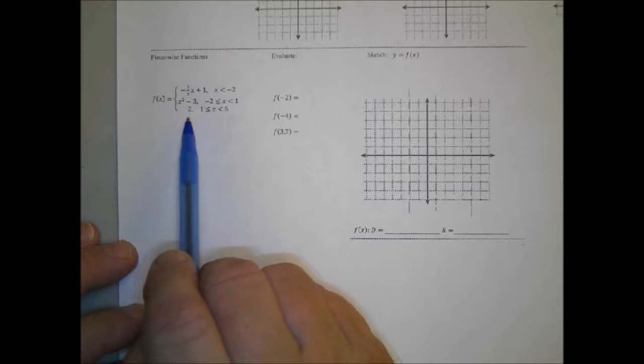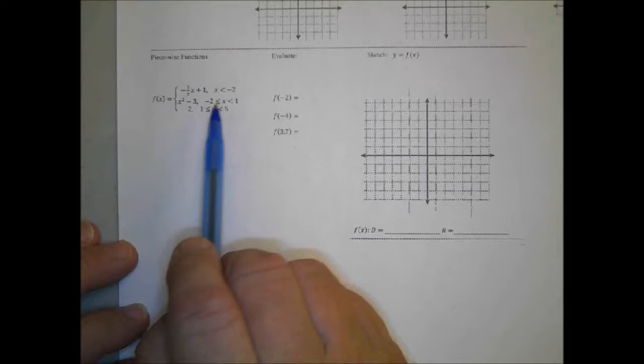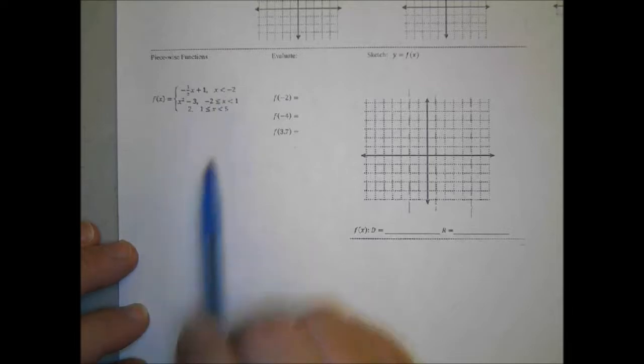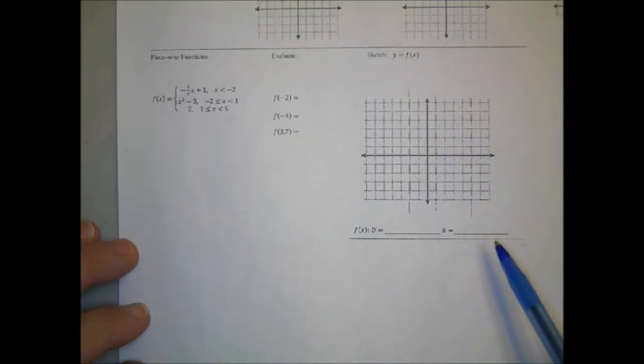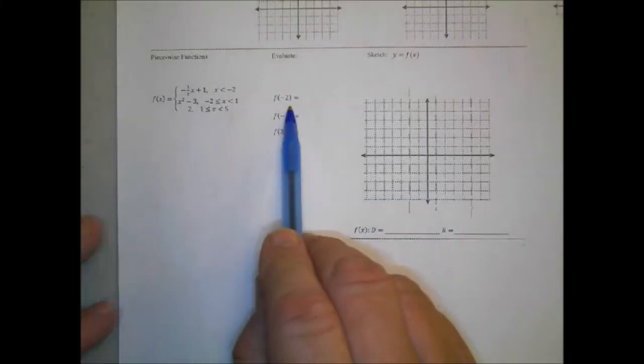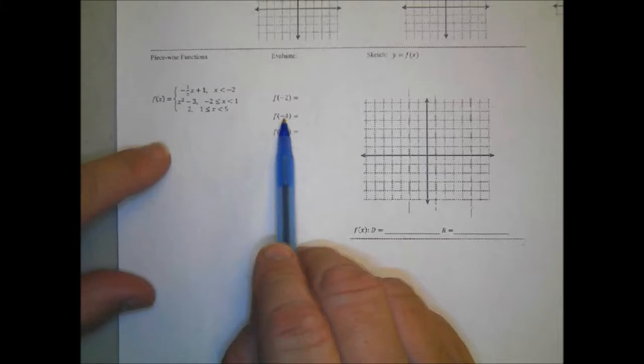Now, the graph changes shapes at -2, +1, and +5. So I went ahead and drew in the boundary lines really lightly at -2, +1, and +5. Now let's start evaluating at certain points that they're asking.